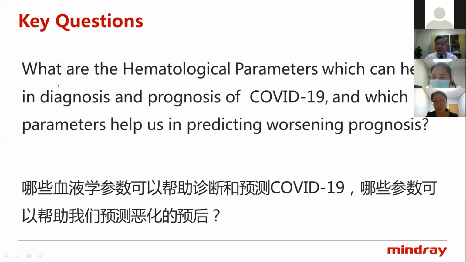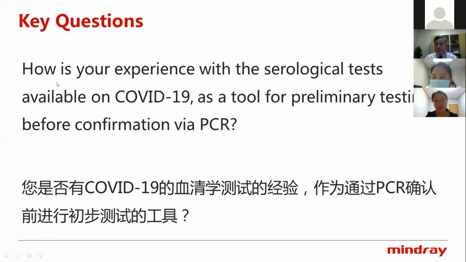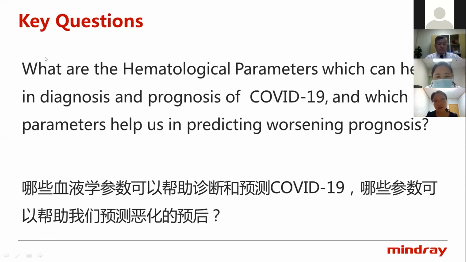For COVID-19 severity detection, the NLR of severe cases would usually be much higher than the NLR of mild cases. So this is a parameter we should take into account, and also the lymphocyte count change.